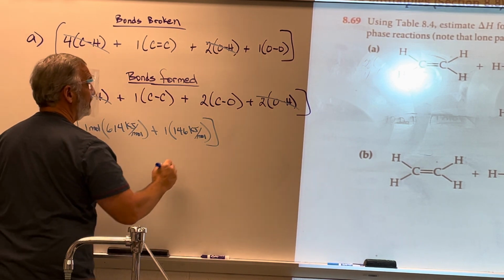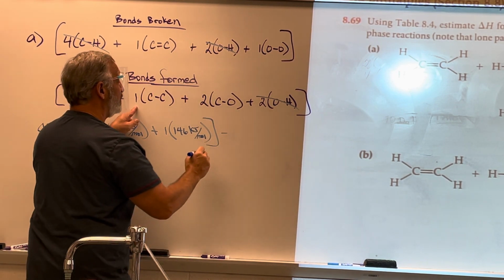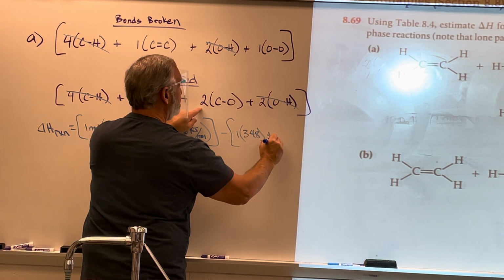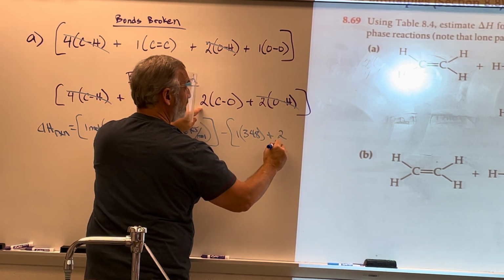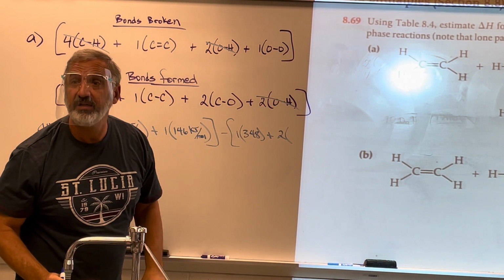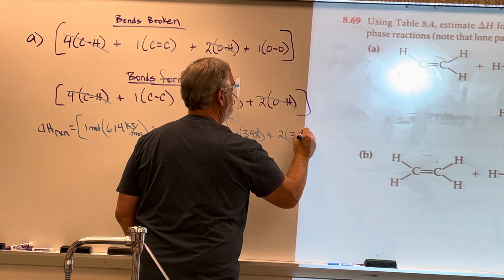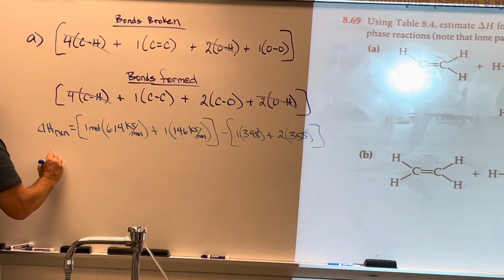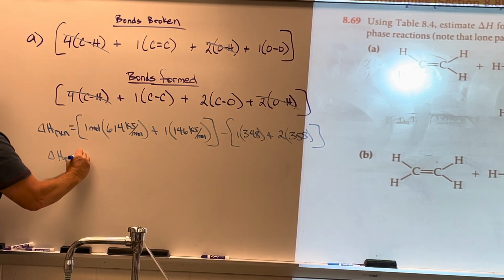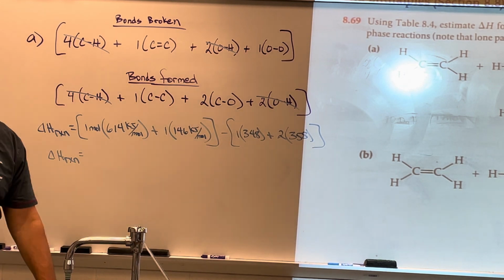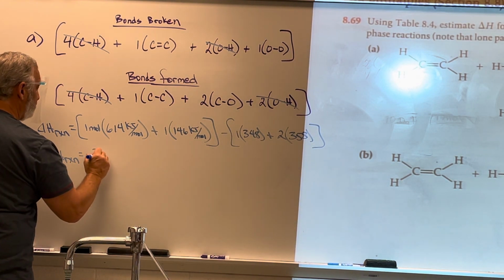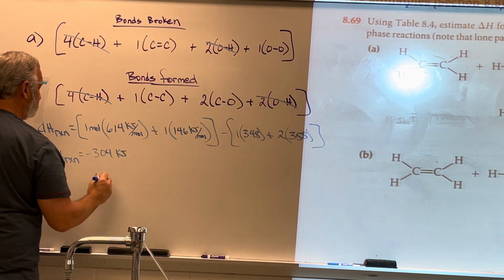Okay, so that's broken, minus formed, 1 carbon to carbon, 348, plus 2 carbon to oxygen, 358. So we end up getting this. So then we just solve for it. Negative 304. Negative 304 kilojoules.